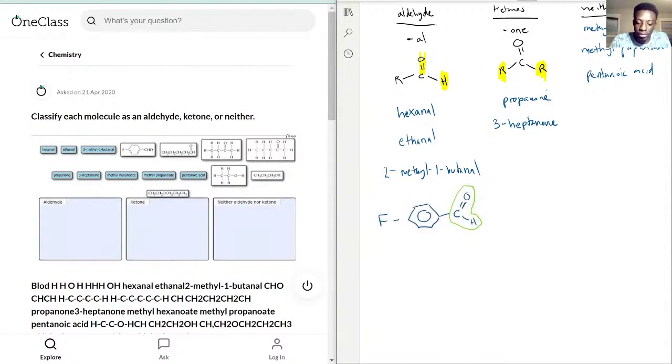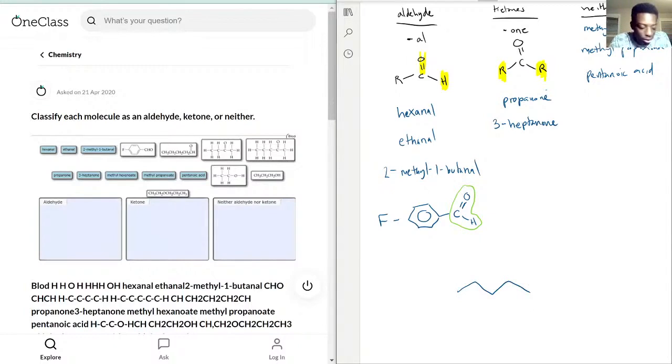Okay, and now we have CH3, CH2, CH2, CH2, CHO. You see right away there is a double bond, and it's on the last carbon, so you can tell that it's going to be an aldehyde. But this formula will look something like this. So there's 1, 2, 3, 4, 5. So kind of like this. 2, 3, 4. Okay.